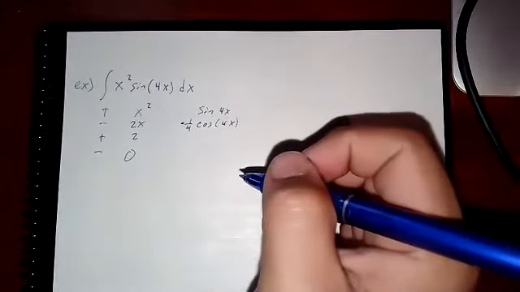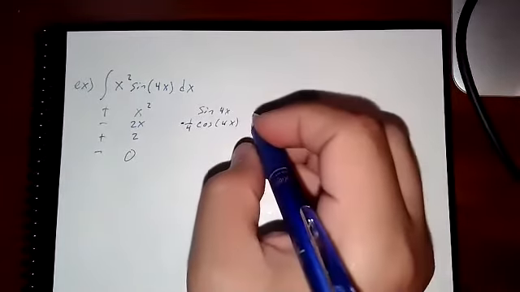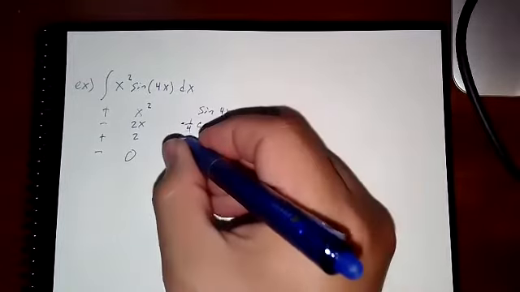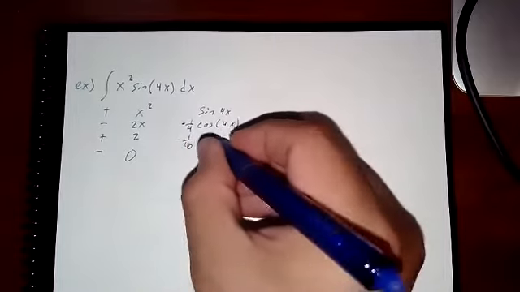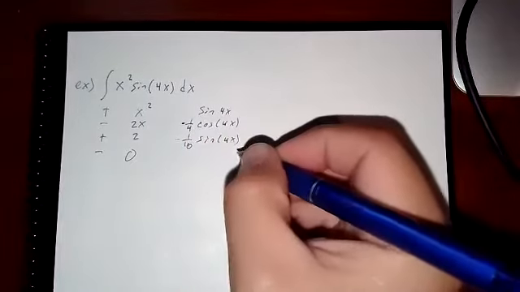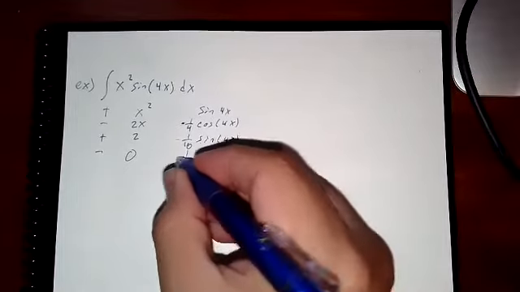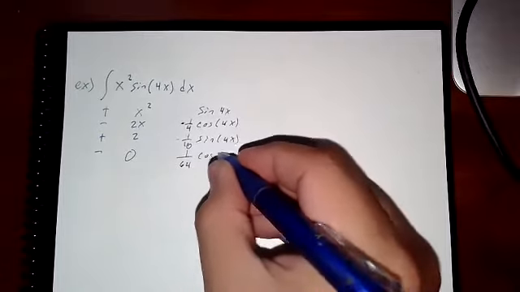And then again, right? Another integral. That would be still negative 1/16 sine 4x. Another one, positive 1/64 cosine 4x.